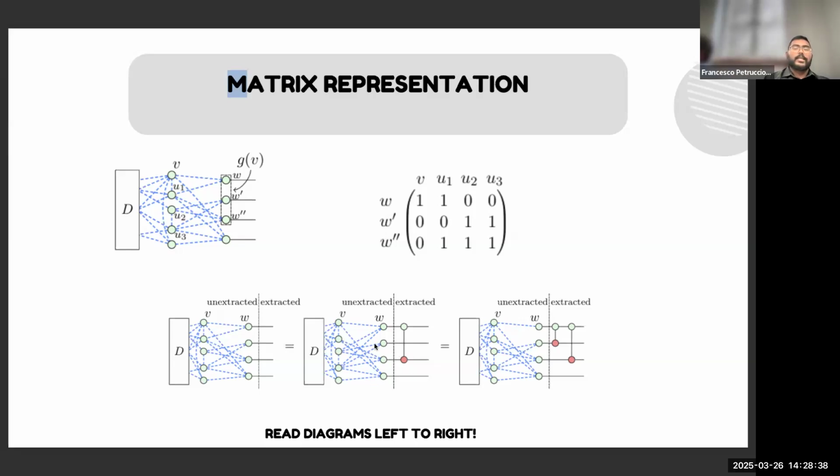And we can see that it toggles some blue dashed edges. And then we can do an extra controlled NOT gate with control on W and target on W prime. And if we do both of these controlled NOT gates, we see how these blue dashed edges are removed.